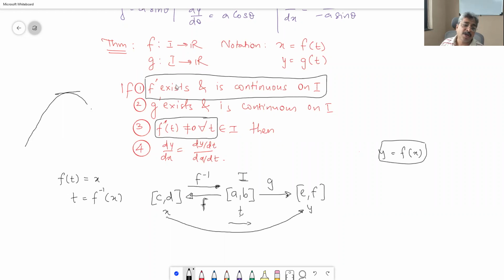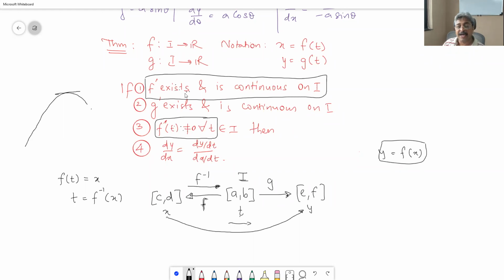So these two statements put together are telling us that f is strictly increasing or strictly decreasing. Therefore, it is 1 1 on 2. Therefore, there is a bijection, and therefore you can take inverse. That is the meaning of these two statements.